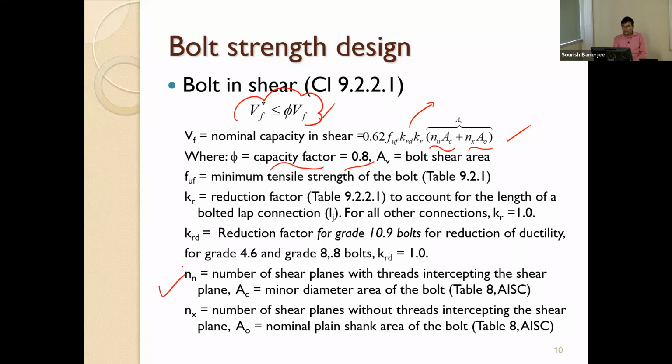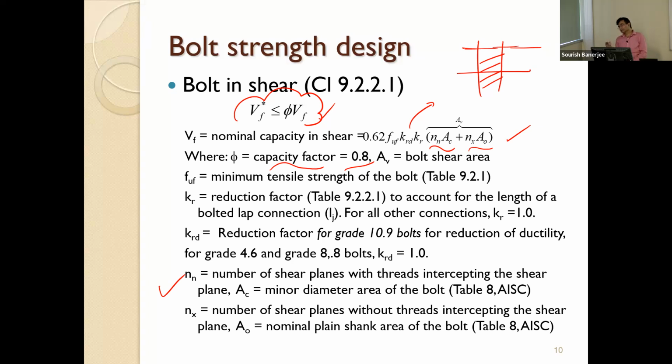It says number of shear planes with threads. That means that when the bolt is like this, not every part is threaded. So it can happen that the shear plane is cutting the portions where there is no thread and another portion where there is a thread. So there is a distinction between these two.